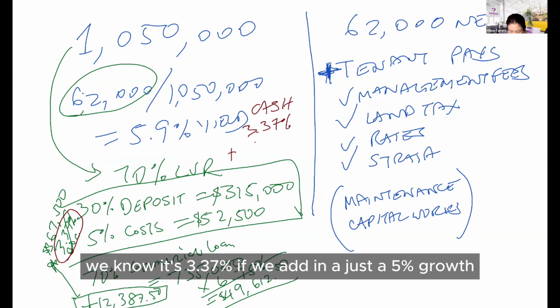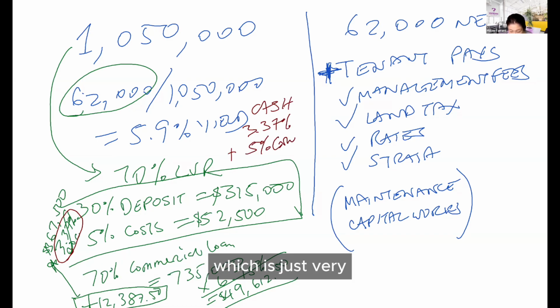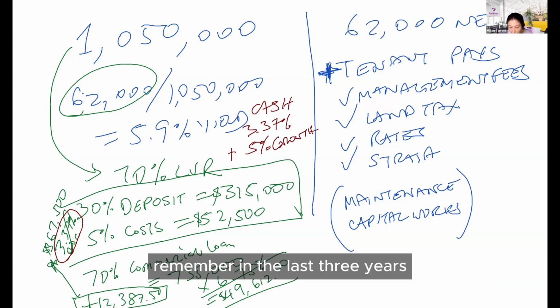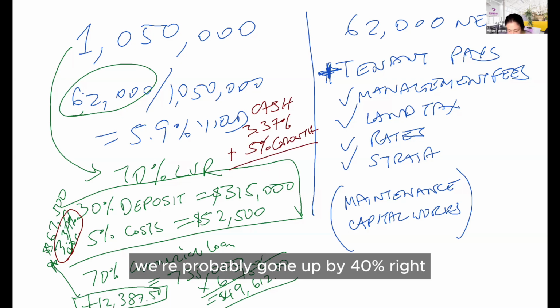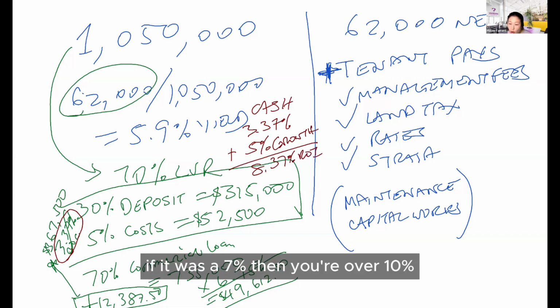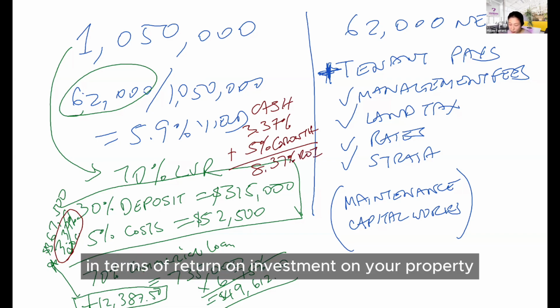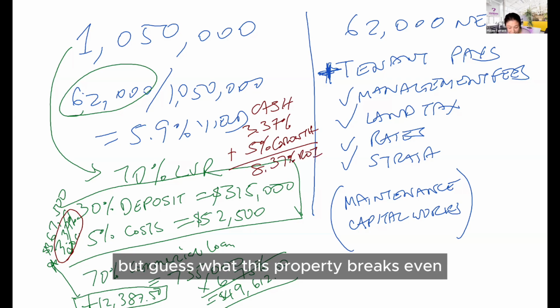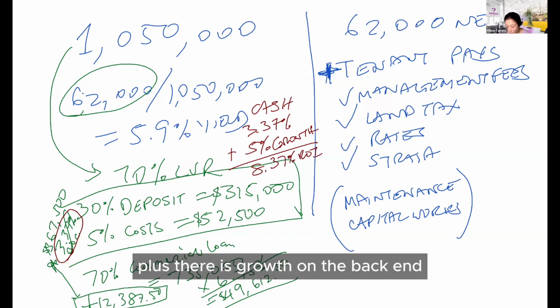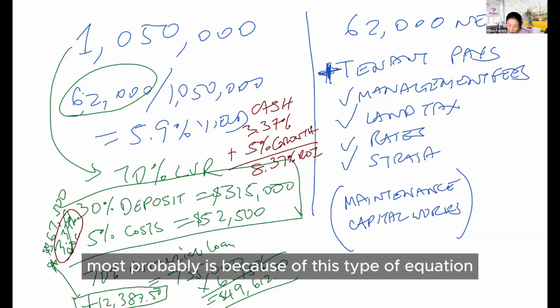If we add in just a 5% growth, which is very, very conservative in the commercial property space, remember in the last 3 years, we've probably gone up by 40%, we're looking at 8.7% as a return on investment. If it was 7%, then you're over 10% return on investment on your property. But guess what? This property breaks even, gives you positive cash flow or return on the cash, plus there is growth on the back end. And that's why most people like to invest in commercial property, because of this type of equation.